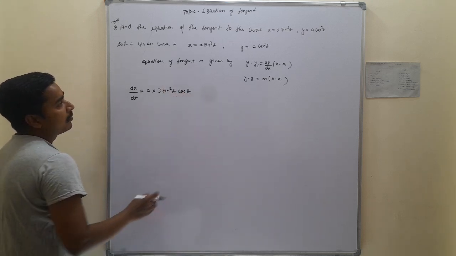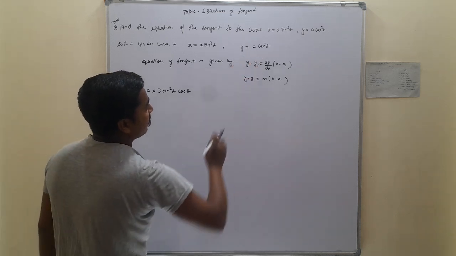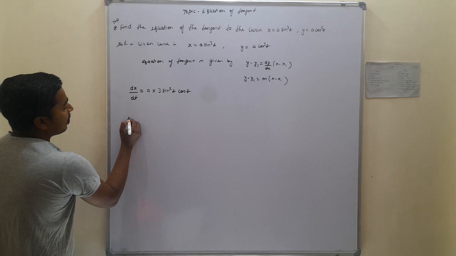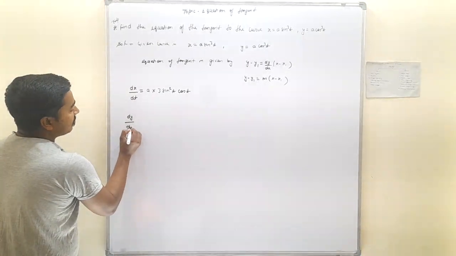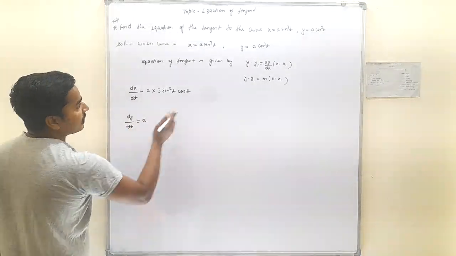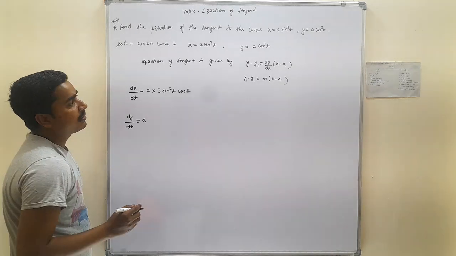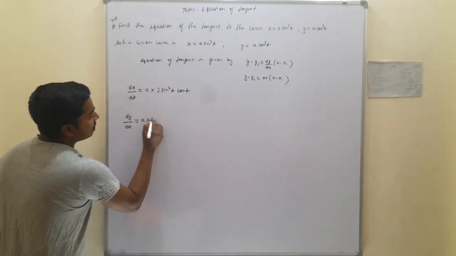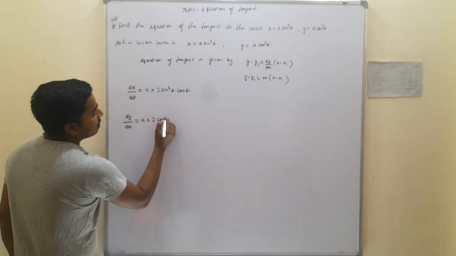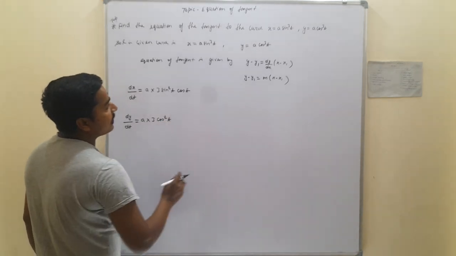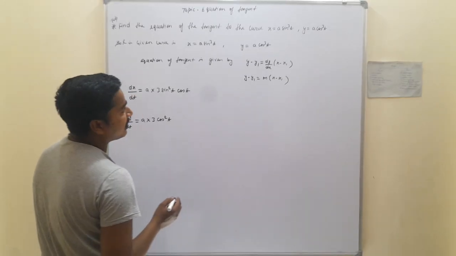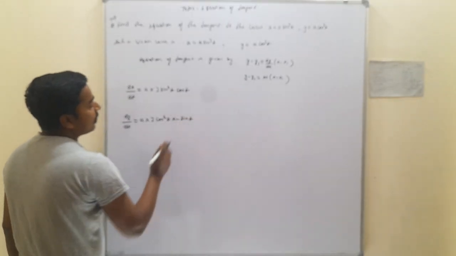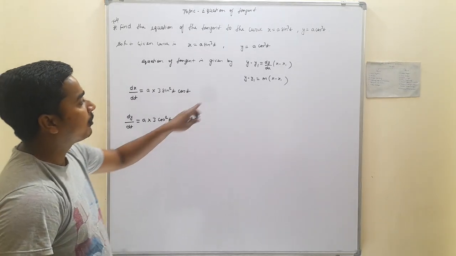Similarly, y equals a cos cube t. Differentiating with respect to t, dy upon dt equals a times 3 cos square t, and cos t differentiated with respect to t gives minus sin t.